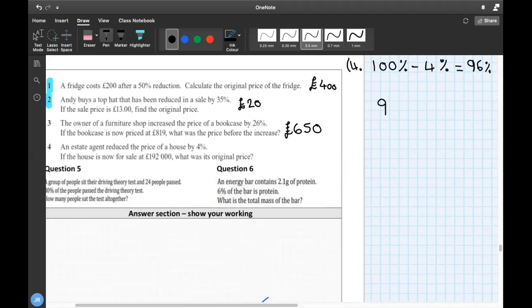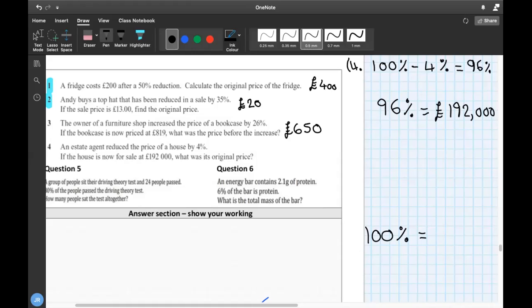Okay, so the new price of the house, that's equivalent to 96% of the original. £192,000. And again, we're trying to get back to 100%.